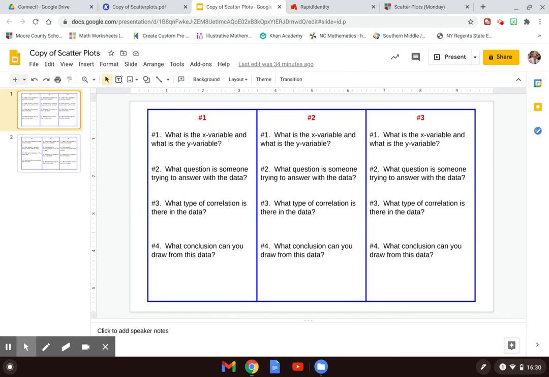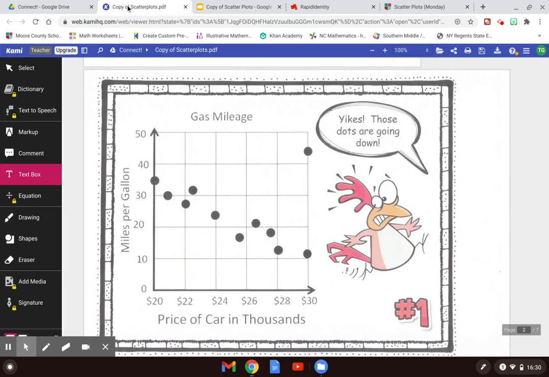So for number 1, it says, what is the x variable and what is the y variable? When you go back to this particular scatter plot, your x variable is going to be the horizontal x-axis, and your y variable is always going to be the y in the vertical axis.